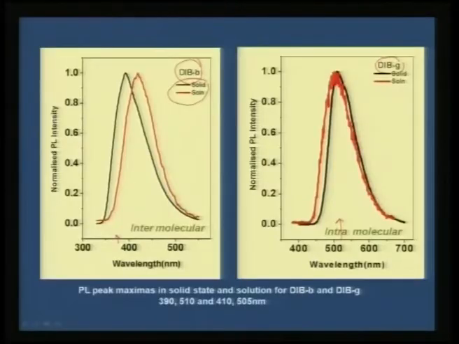As a result, there is a red shifted emission in solution compared to blue emission in the solid state, whereas there is no such feature present in the case of intramolecular. The solvation does not seem to affect. So this is a classic example to show that hydrogen bonding controls the PL emission.